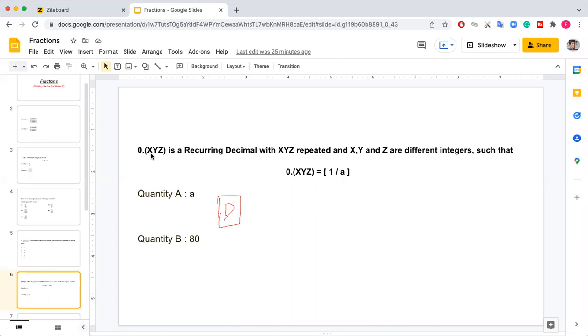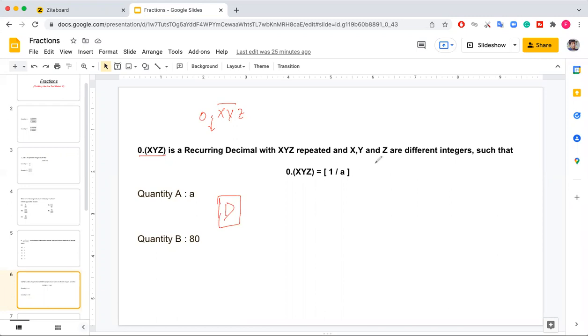If x and y are negative and z positive, is that possible? We have 0.xyz. How could a value on the right side of the decimal point be a negative value? This can't be a negative value.